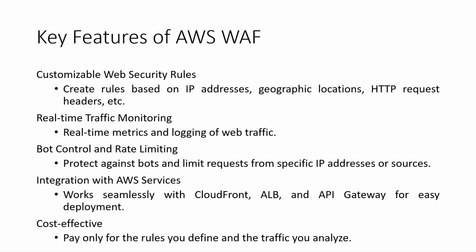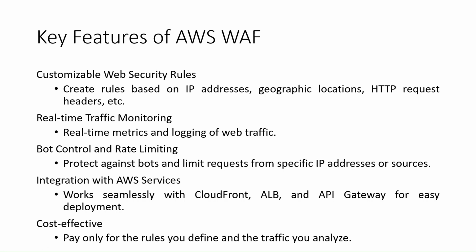For example, you can block or allow traffic based on factors like user IP addresses, the country they are connecting from, or details in the web request they send, like a specific header or parameters. Secondly, it provides real-time traffic monitoring, so you can get real-time metrics and logging of the web traffic.